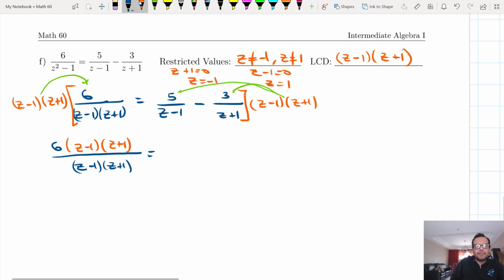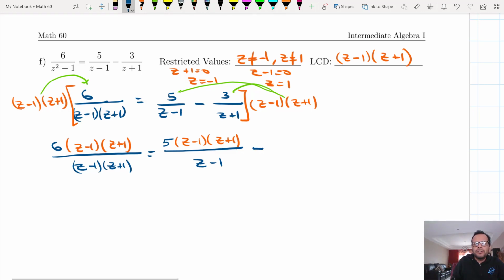On the right-hand side of the equation, I'm going to multiply the factor z minus 1 times z plus 1 times the quantity 5, right? That is the numerator of the first fraction on the right-hand side. Let's go ahead and do that. Again, I'm keeping the same colors just so you can see where everything is coming from. z minus 1 times z plus 1, and then divide that by the quantity z minus 1, followed by minus.